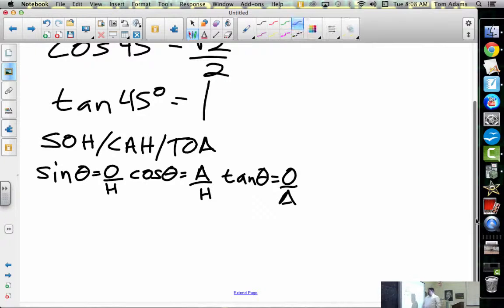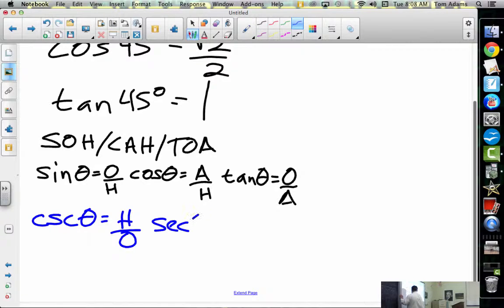Now, these have what we call reciprocals. So these are 3 of the 6 basic trig functions. The reciprocal of sine is cosecant. And so we just flip the opposite and hypotenuse. So that is the hypotenuse over the opposite.